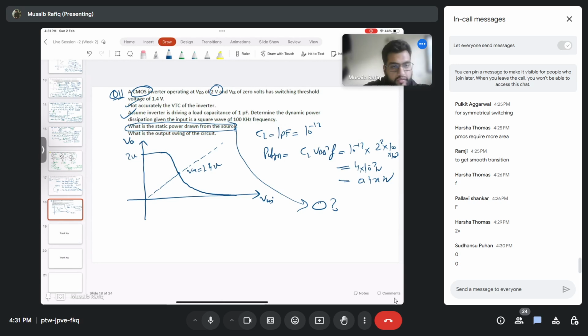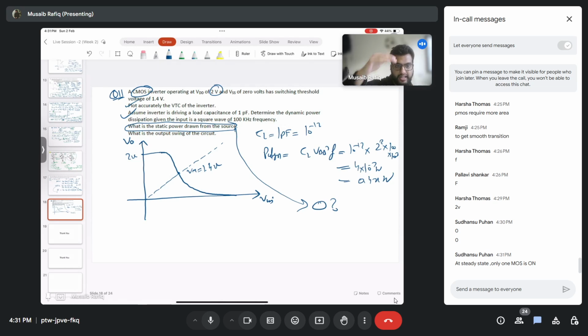If you want, you can unmute yourself and give the answer. Yes, only one of the transistors is on, and there is no direct path between VDD and ground.